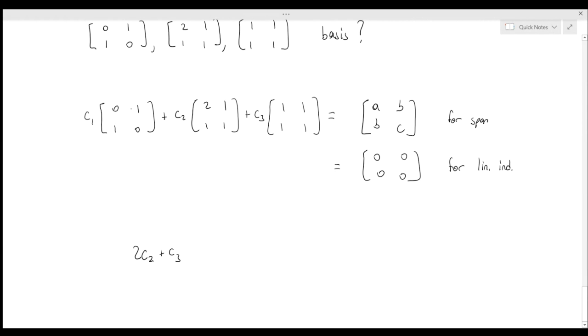Looking at the second entry next, you're going to get c1 plus 1c2 plus 1c3. If you look at the third entry, you actually get the same equation.